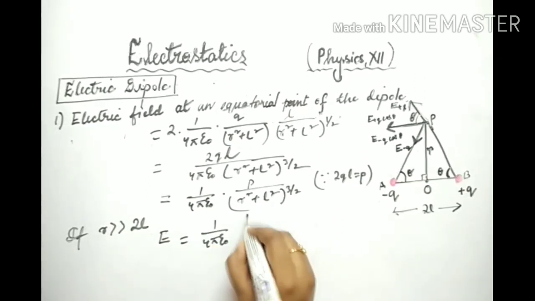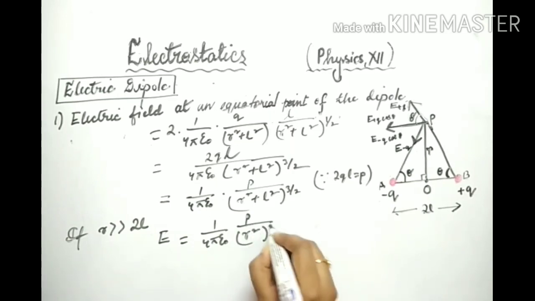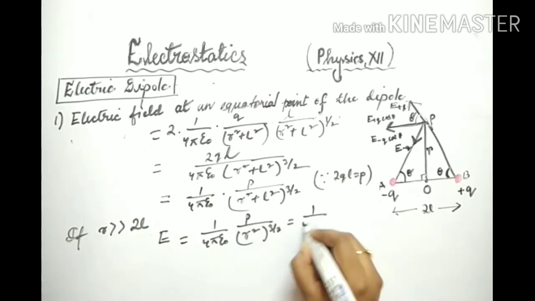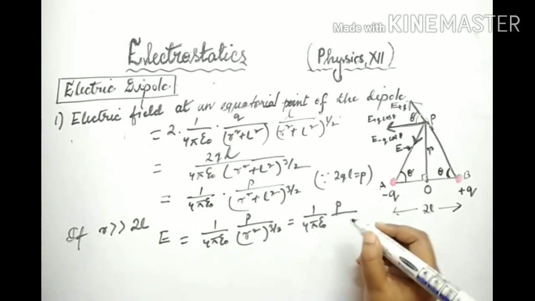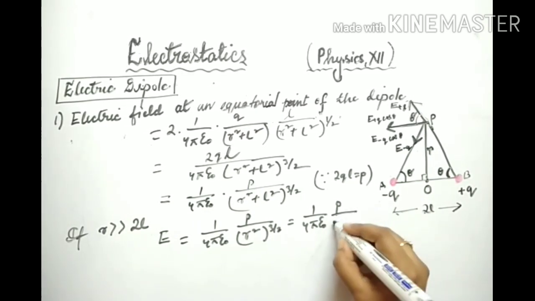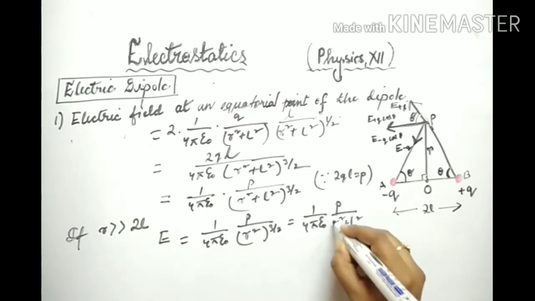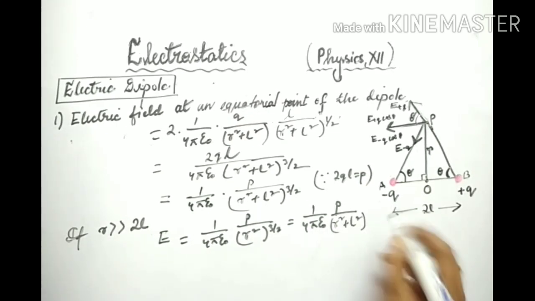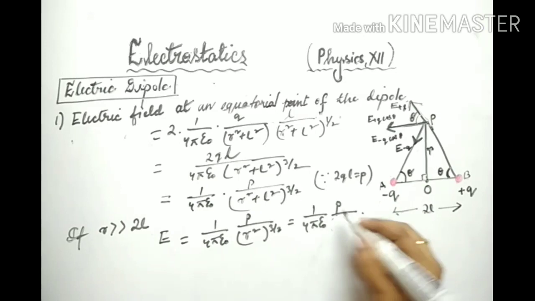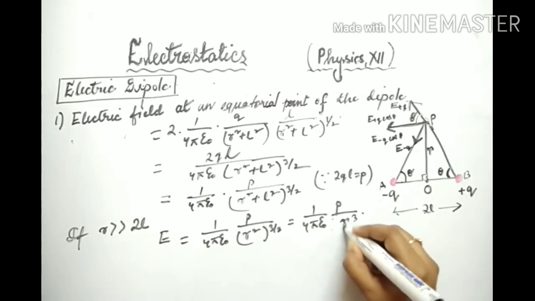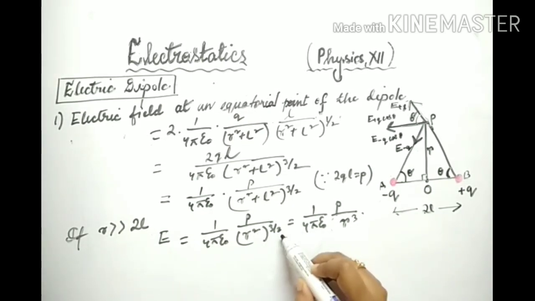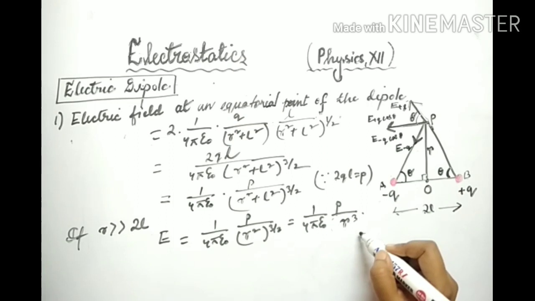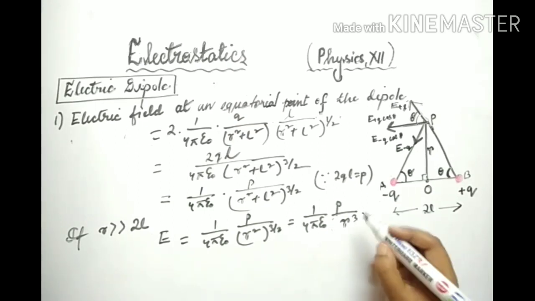You have to neglect L, so what will remain? r square to the power 3 by 2, so 1 by 4 pi epsilon naught P by r cube. Okay, this half and this 2 and 3 by 2, from the 2 will get cancelled. What will remain? 1 by 4 pi epsilon naught P by r cube.